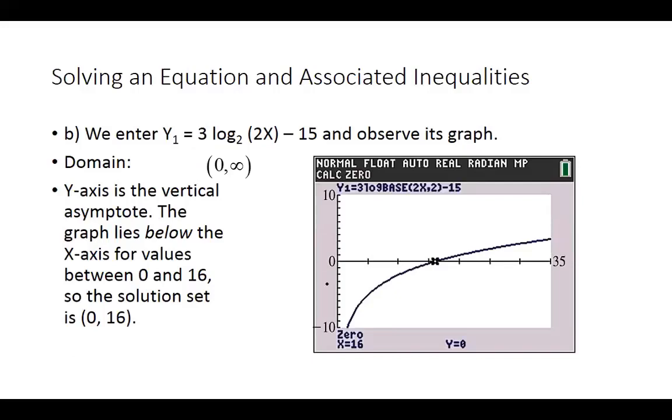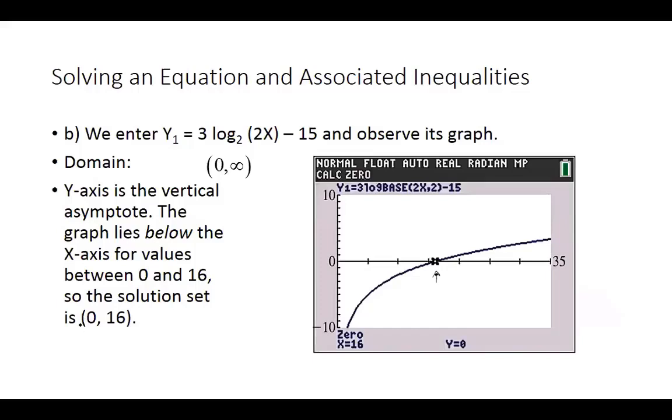Now, if you look at the graph of this function, you can see right at the point 16 is where my solution would be. If you want to find the values that are greater than 0, it would be all the numbers from 16 to infinity. And if you want to find the values that are less than 0, you look at the part of the graph that goes below 0, which would be the values from 0 to 16.